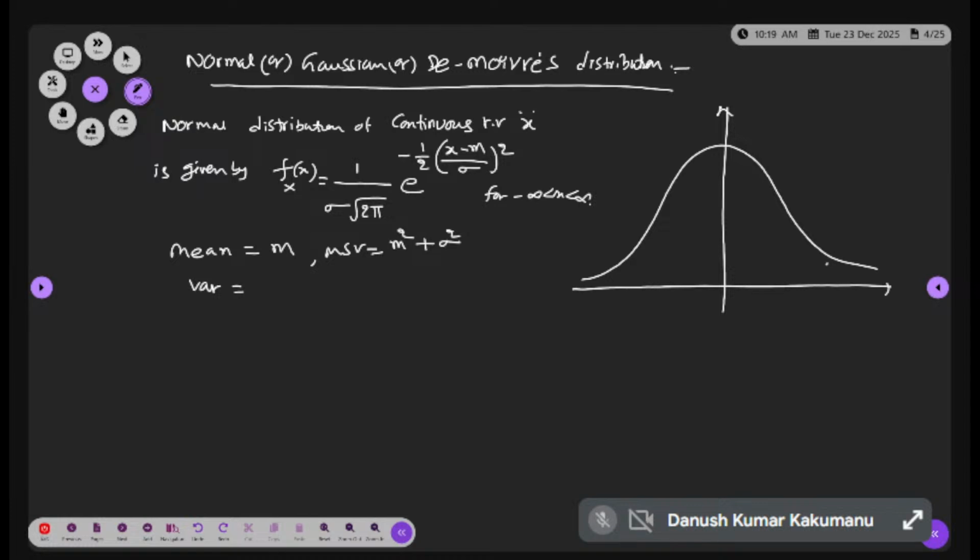Mean squared value is m squared plus sigma squared. Variance is sigma square. Standard deviation is sigma. The graph is symmetrical about the y-axis. You must draw the graph symmetrical.